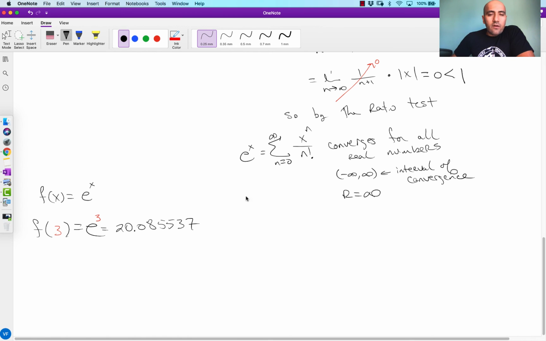Or we can go, wait a minute, e to the x is also equal to this.